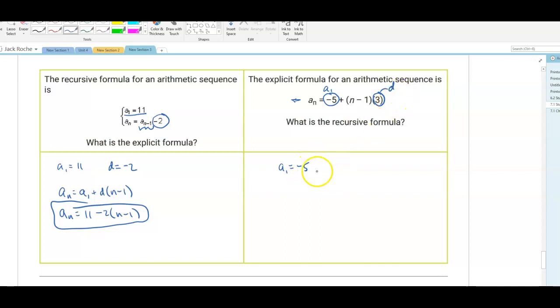Once I see that, I say a sub n equals my previous term, a sub n minus 1. And what am I doing to that each time? Since my common difference is 3, I'm adding 3 to it each time. So these two statements together are the recursive rule.